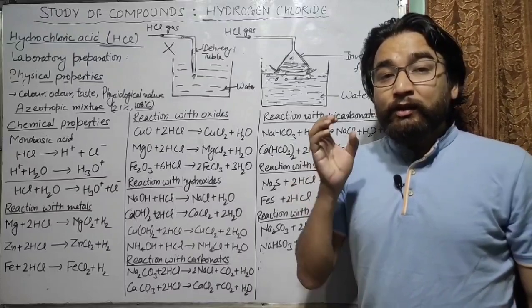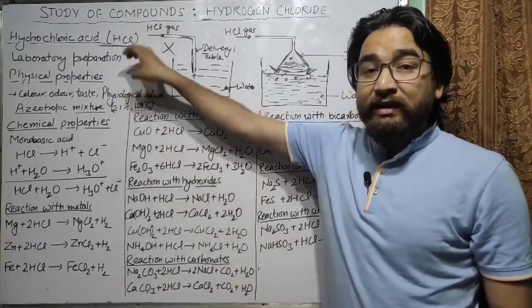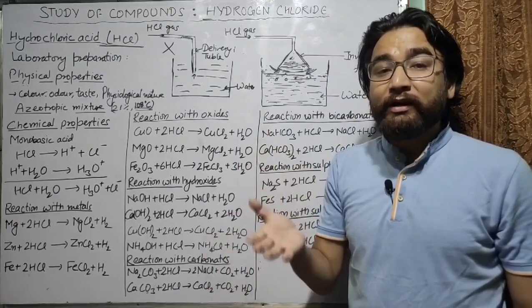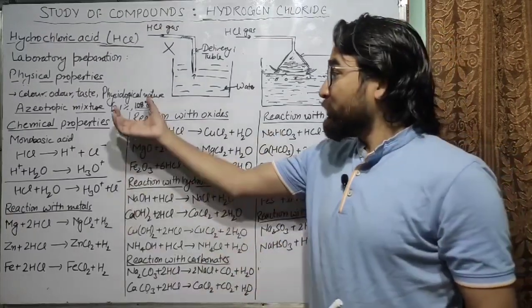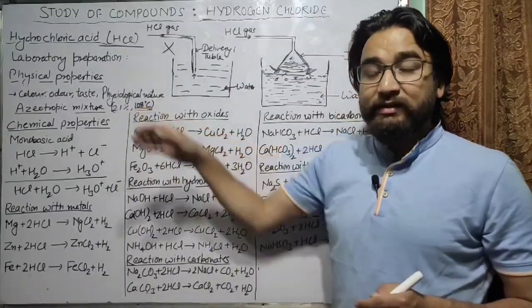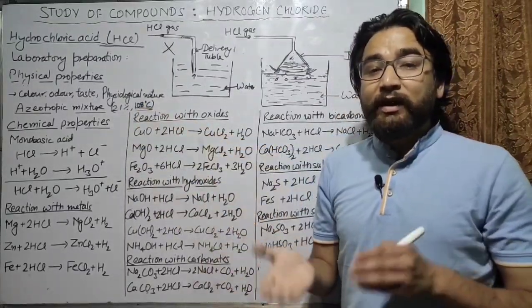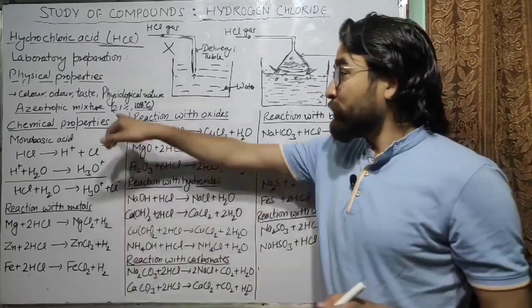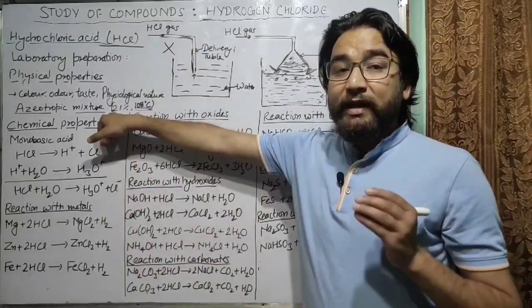So then you cannot separate HCl and water by just boiling. HCl will not boil out at low temperature, but it will remain with water up to 108 degrees Celsius, and when it boils, the HCl will vaporize with water. So such a mixture is known as an azeotropic mixture.